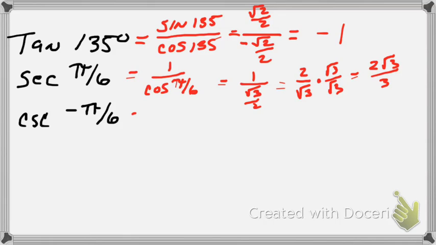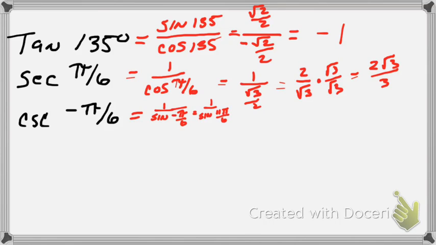So you can say that negative pi over 6, we could just use 330 as our angle. Instead of using negative pi over 6, you can treat it as 11 pi over 6. Because they have the same cosines and sines because they land on the same dot. So you can turn it into whatever dot it actually lands on. So the sine of negative pi over 6 is equal to the sine of 11 pi over 6.